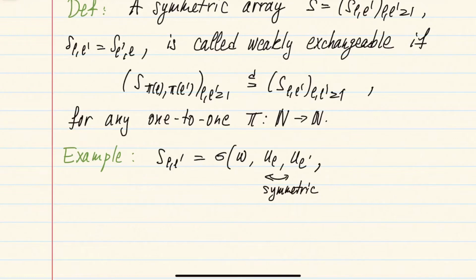And finally, you can have a dependence on random variables that depend on both l and l prime, but again, because of the symmetry, this should be a function that depends only on this set of indices l and l prime, so it should not depend on the order. Where again, all these are IID uniform on 0, 1.